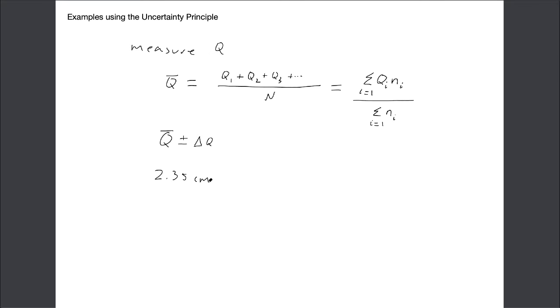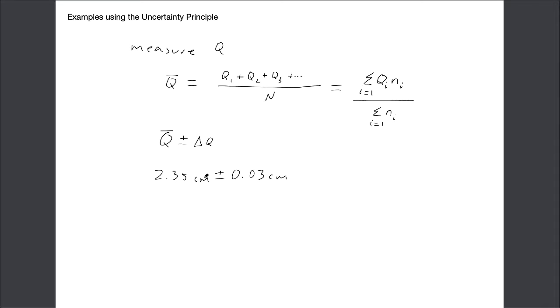Maybe we know this measurement plus or minus maybe 0.03 centimeters. Depending on the instrument, we might have a sense of how good these measurements are. So this 0.03 would be referred to as your uncertainty, and this would be the average value of those measurements.